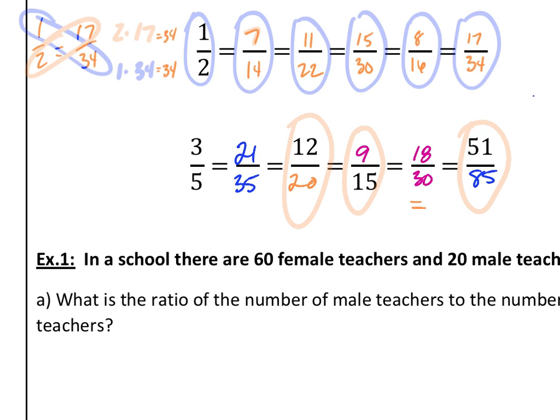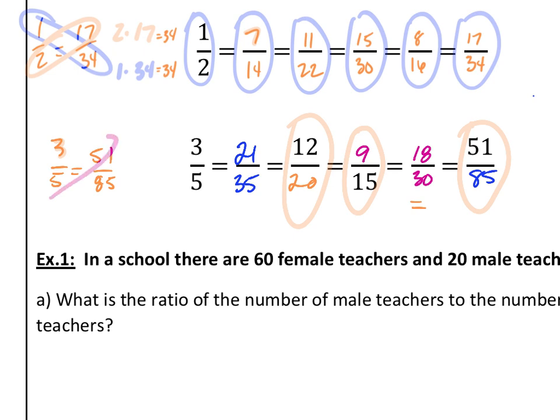Now, one of the ways you can check is, again, use that cross product. So let me just look at 3/5 is equal to 51/85. Okay, and so I do the cross products, right?